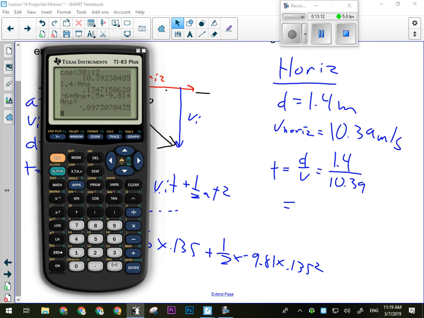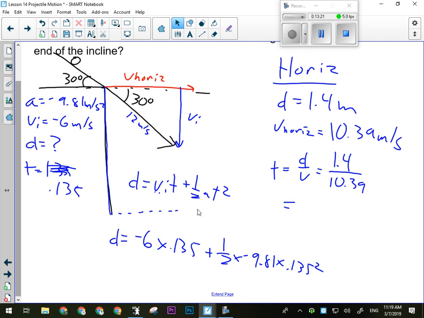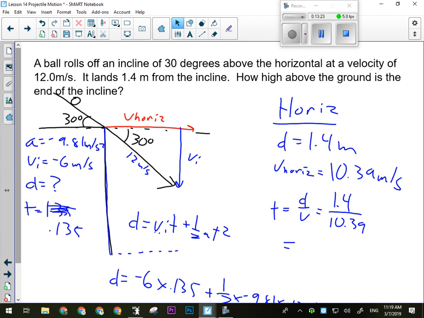So the table is 0.90 meters tall. I think we only have two significant figures here. Yeah, we only have two significant figures. So the table is 0.90 meters tall.